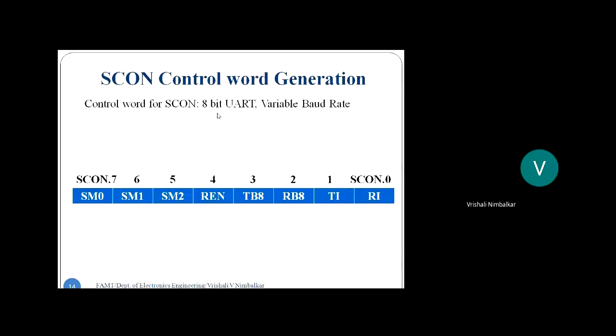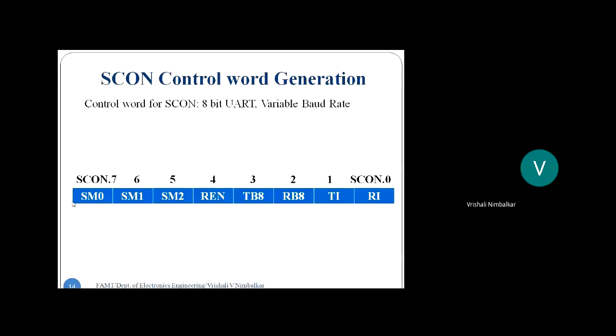We usually go for 8-bit UART with a variable baud rate. Is that okay? So let us see what is that SCON control word if I'm going to go for 8-bit UART serial communication with a variable baud rate. First I will find the control word for transmission, and then I will find the control word for reception.